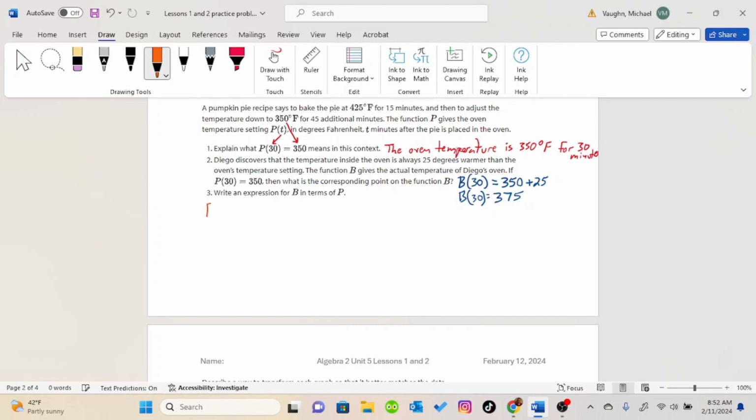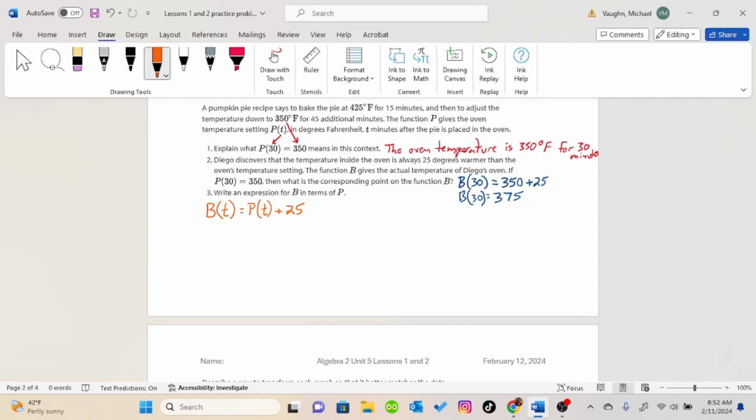So we want B of t, this will work for any time, that is going to equal P of t, which was the original temperature at any given time, plus the 25 extra degrees warmer that we know the oven really is versus what it says it is.